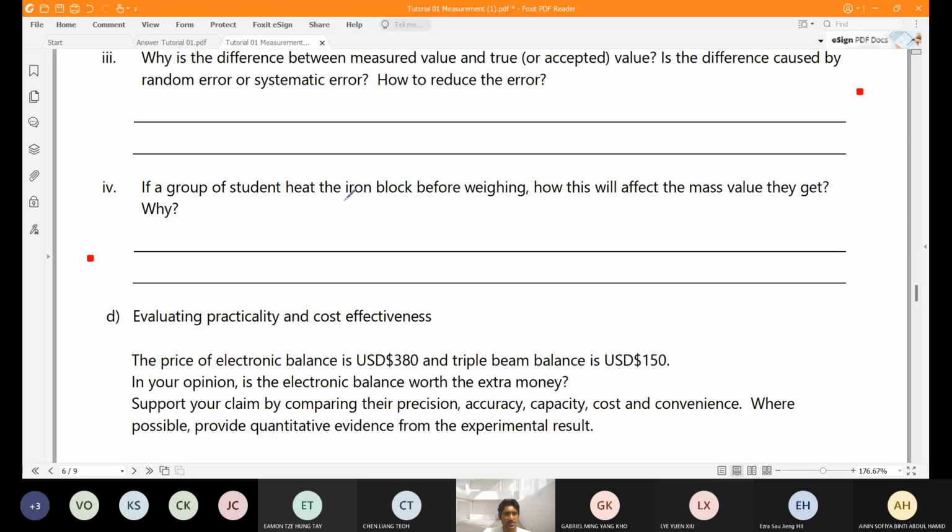If a group of students heat the iron block before weighing, how will this affect the mass value they get and why? What do you think? If we heat it up, put it in fire for some time or heat it in some other way, will the mass be different?